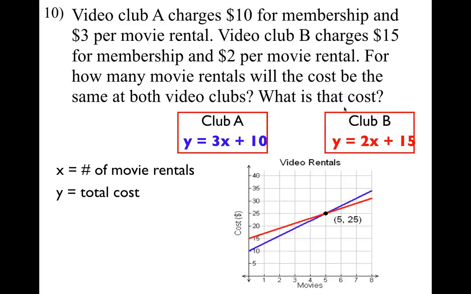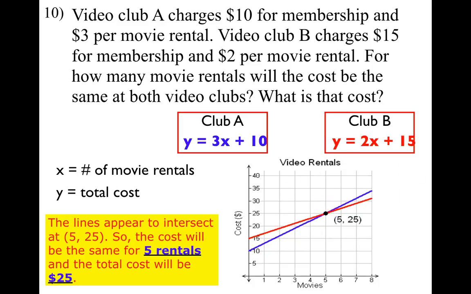So in this graph, you can see where these two lines intersect, which is at (5, 25). So that means this 5 is x and this 25 is y. Since x stands for movies, it means at 5 movies, y, which is the cost, is going to be $25.